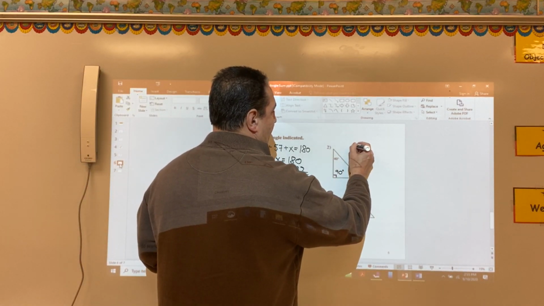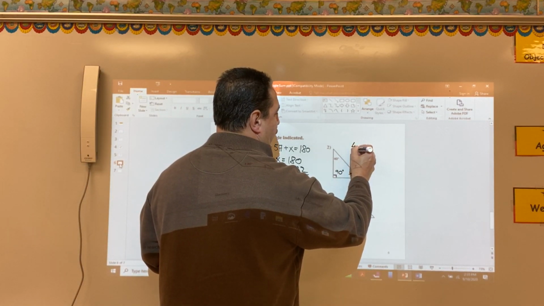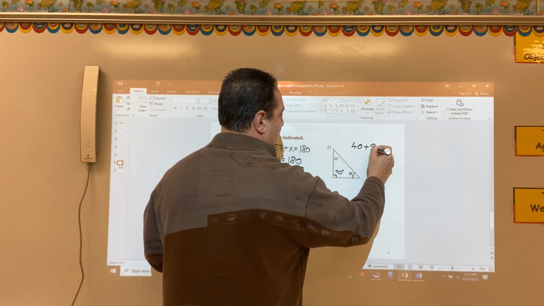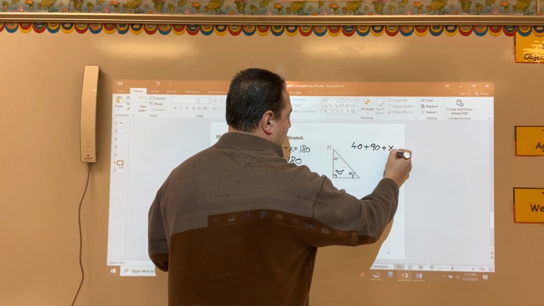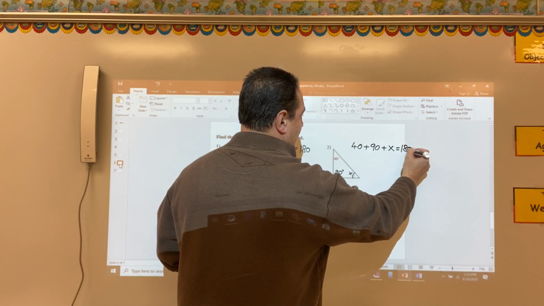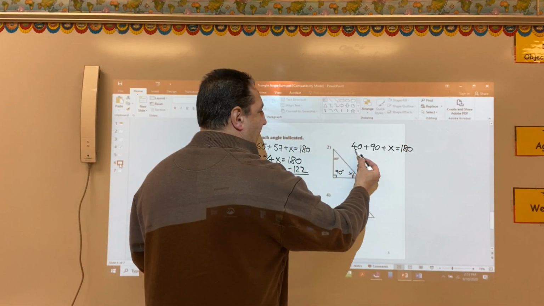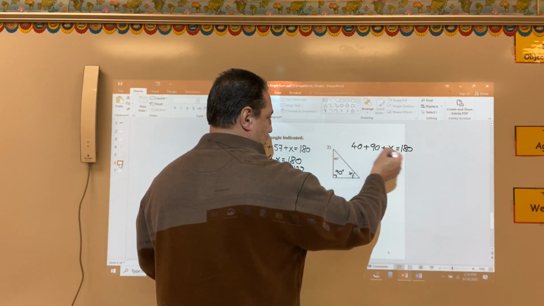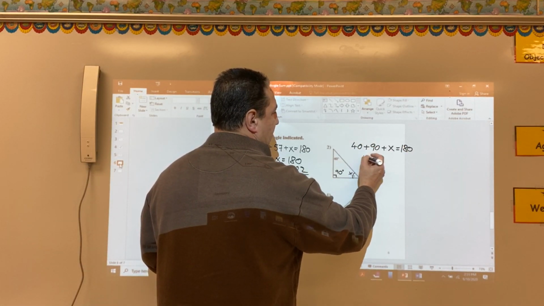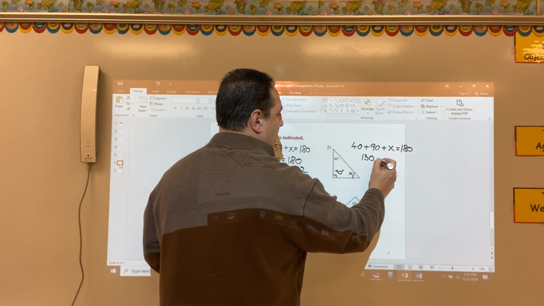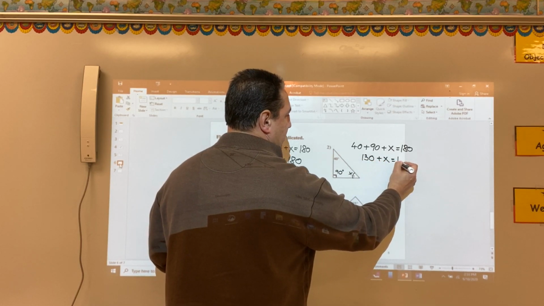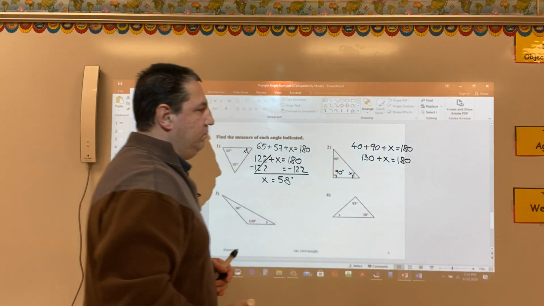So we write 40 plus 90 plus x equals 180. Then we add 40 and 90. We simplify the left side. Would be 130 plus x equals 180 degrees.